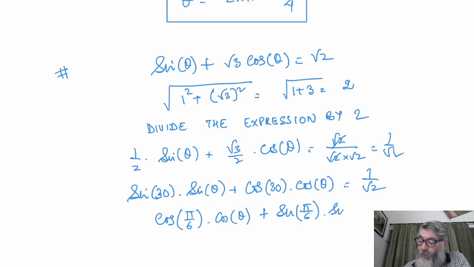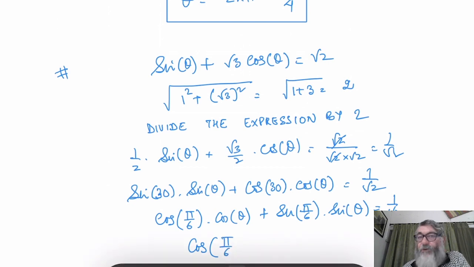Cos theta minus pi upon 6, and this is 1 upon root 2. 1 upon root 2 means cos pi by 4.